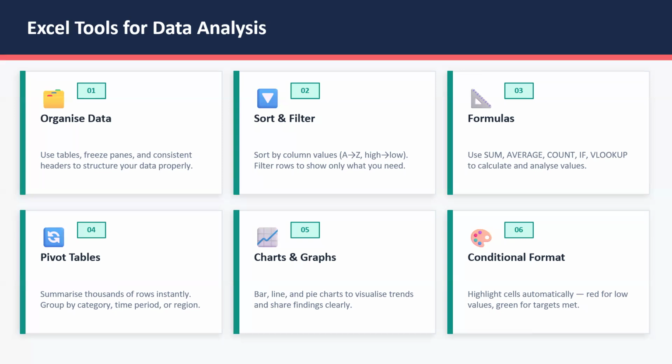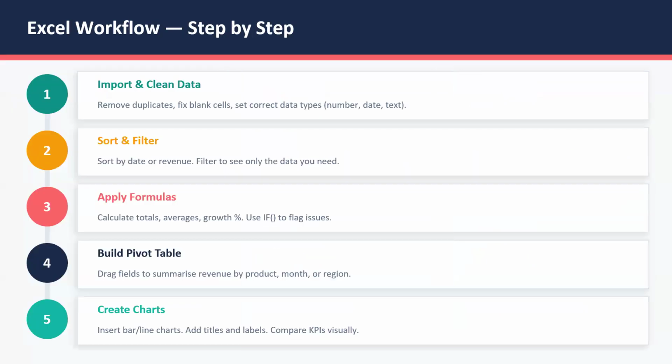And then you have your pivot, where Excel gets really powerful. You use your pivot to summarize thousands of rows of data instantly by category, by month, by region. These are things that you can just play around with. And then, of course, your charts and graphs, conditional formatting.